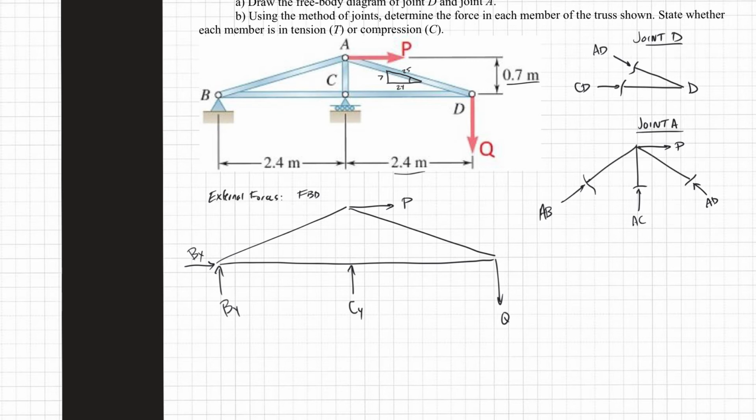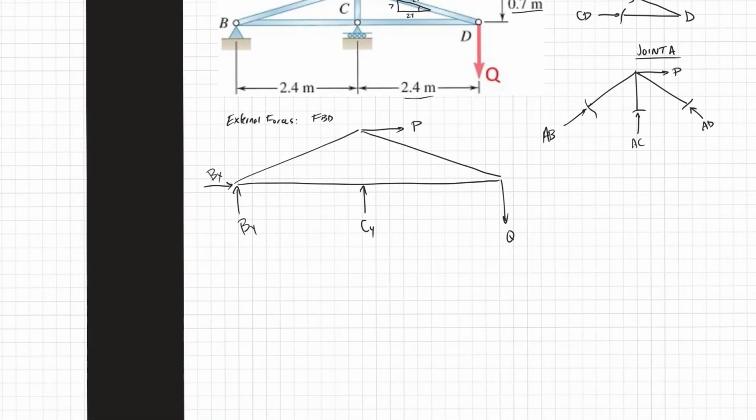But it's going to have an additional bit because of P, right? And we'll see that end up being the case. However, if C is up and Q is down and P is to the right, then that means BY is actually going to be negative, because it's going to have to keep it from spinning the other way. But anyway, let's go ahead and solve these suckers.